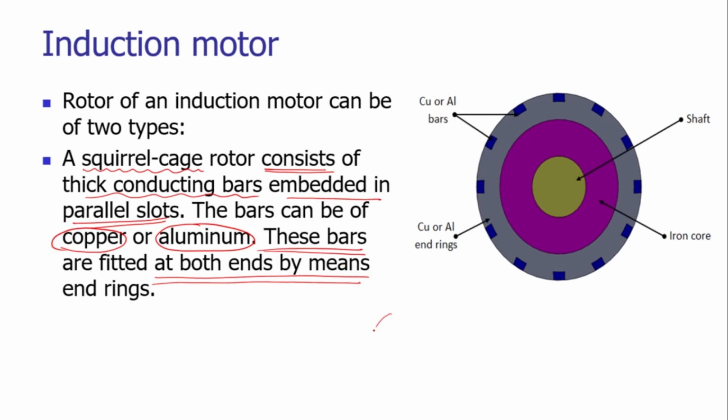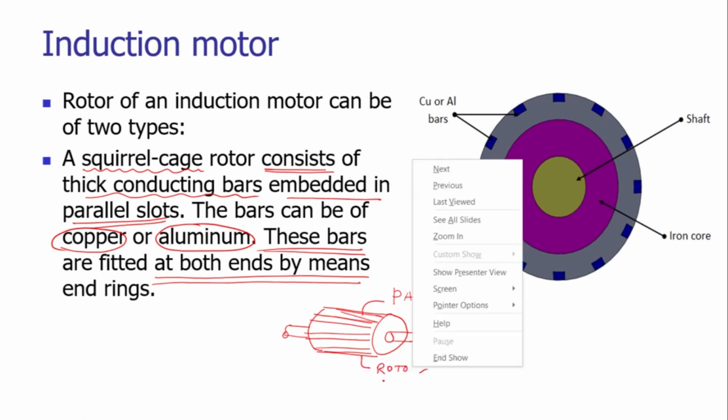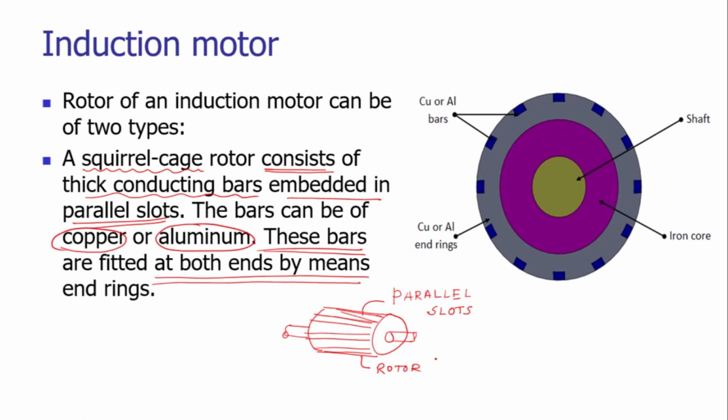The typical construction can be seen. We have a cylindrical block and the cylindrical block has parallel slots. Inside these parallel slots, we are embedding the thick conducting bars of aluminum or copper.